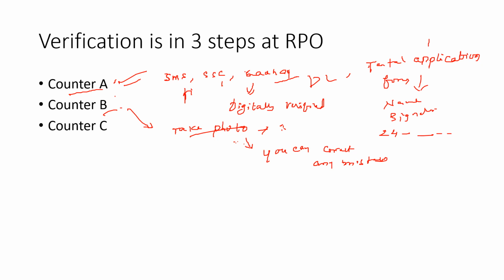Okay, second step. Third one is, he will ask for the cash. So this 2000 you have to pay here. Okay, so this is the counter B.